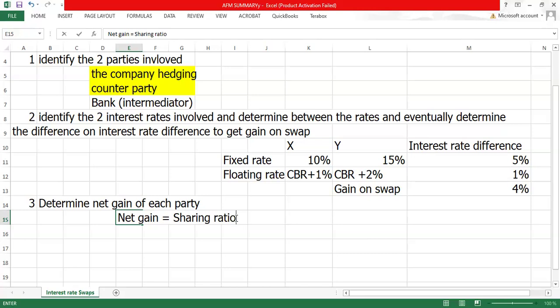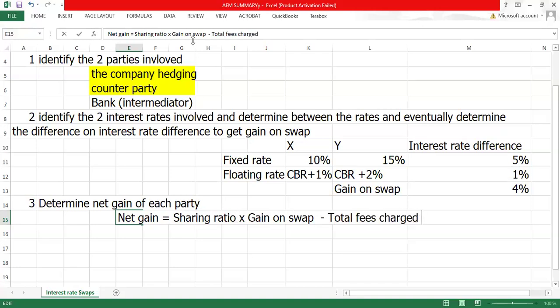You get the sharing ratio times this gain on swap, then the answer you get, subtract the total fees charged.